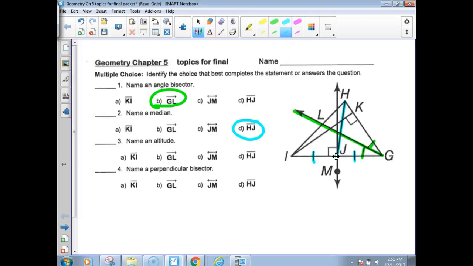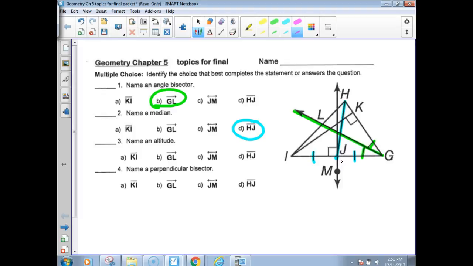Vertex to the midpoint. Okay, altitude is the tallness. Now, it may not be sitting so that it looks like an altitude. Usually when you measure yourself, you would stand up straight. But somebody could measure you lying down, but you'd want to be straight though, right?